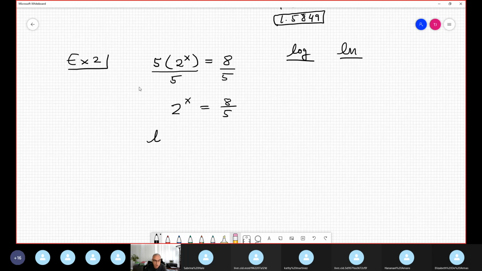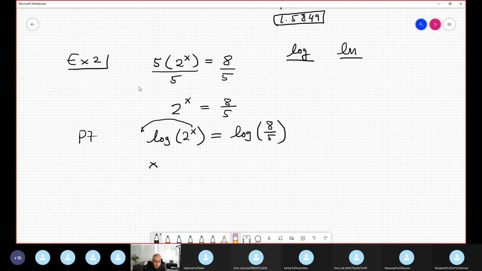Suppose I apply log. One more time, we apply property number 7, which allows this exponent to go to the front. And now this is no longer an exponential equation.